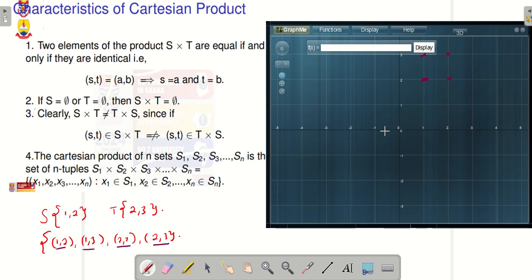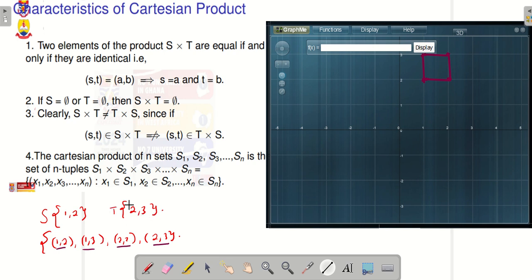Alright. Now these are the Cartesian products. So let me just use a line to indicate the region. Good. So this very box is the Cartesian product of the sets {1, 2} and {2, 3}.